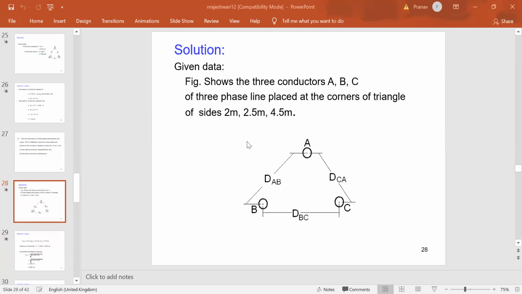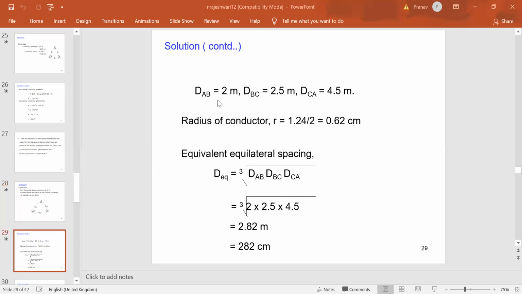In that, the given data: the figure shows the three conductors A, B, C with unequal spacings DAB, DBC, DCA, where DAB is 2 meters, DBC is 2.5 meters, and DCA is 4.5 meters. The radius of the conductor small r is equal to 1.24 by 2, which is 0.62 centimeters.